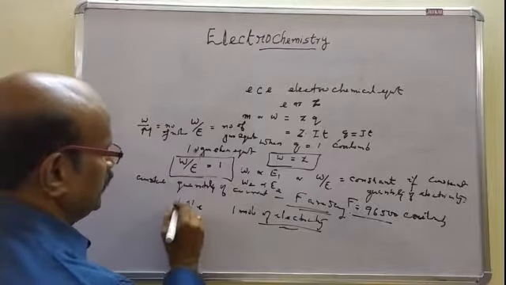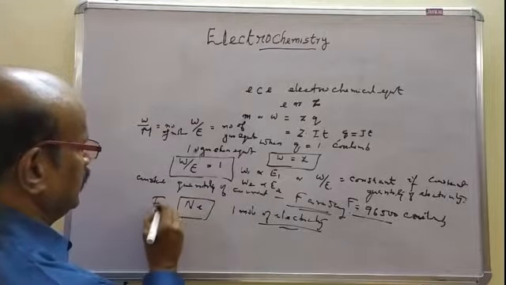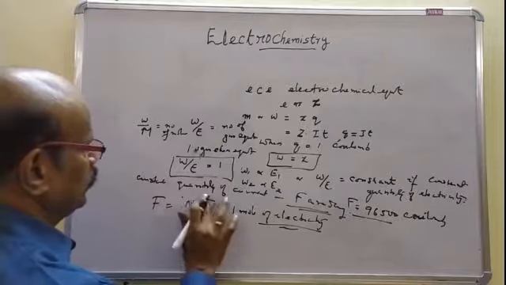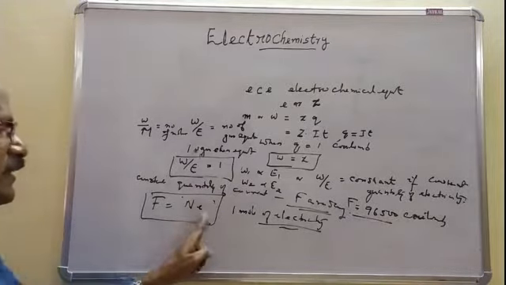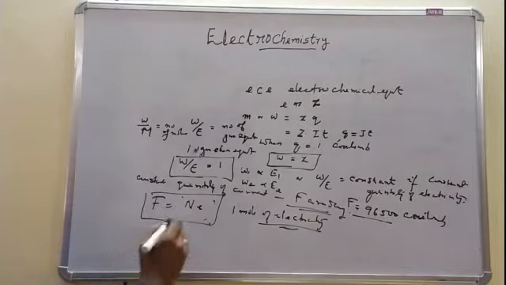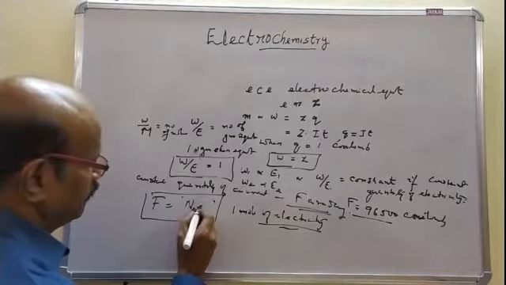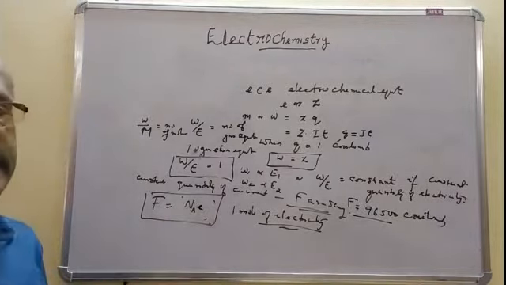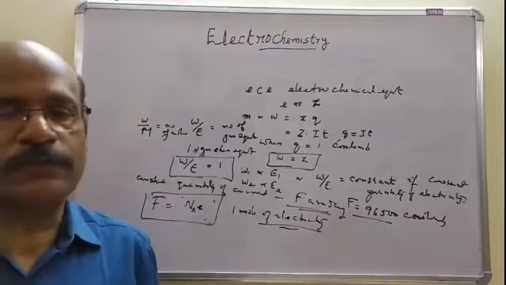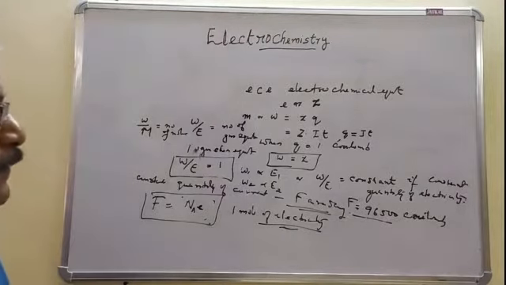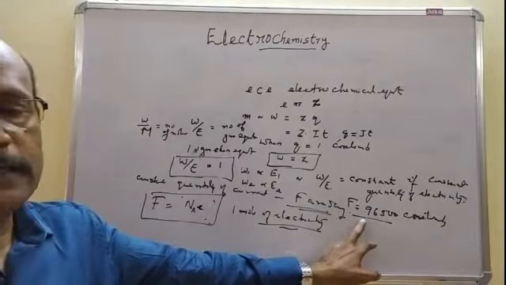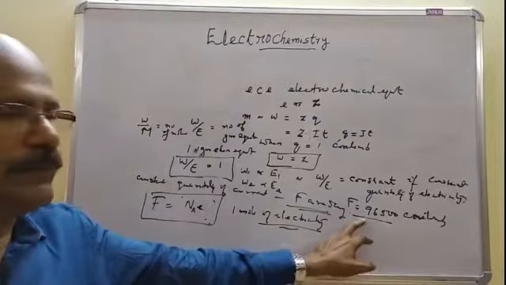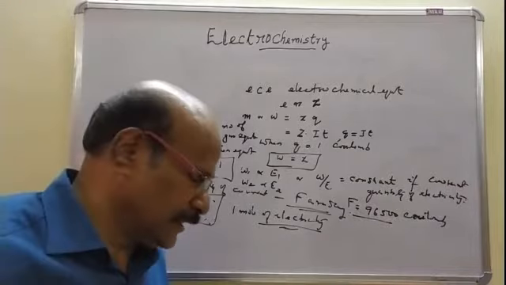So Faraday is equal to N into e, where e is the electric charge and N is the Avogadro's number. So Faraday is otherwise called 1 mole of electricity or 1 mole of electron. According to the mole concept, Faraday stands for 1 mole of electron or 1 mole of electricity.